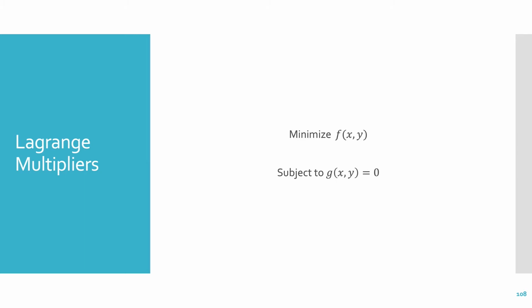Let's use this example where we're minimizing f of x, y subject to g of x, y equals 0. To solve this using Lagrange multipliers, we introduce a new variable, alpha, called a Lagrange multiplier. Then we study the so-called Lagrangian, which is this new function, which is a function of x, y, and alpha.